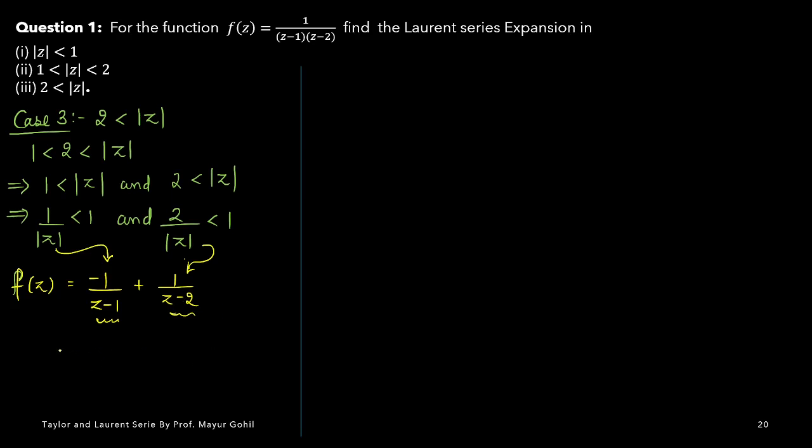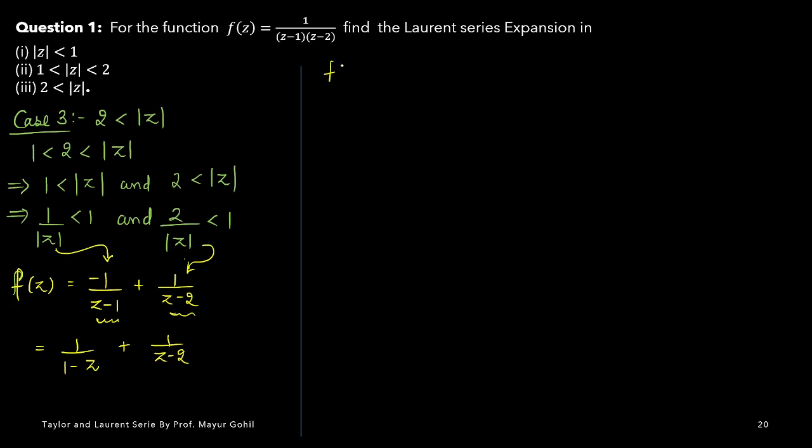Okay. So now let us arrange the terms. So I'll take over here, I'll write it 1 minus z. And over here I will write it the same way, the way it is. I want 1 upon z in the partial fraction.